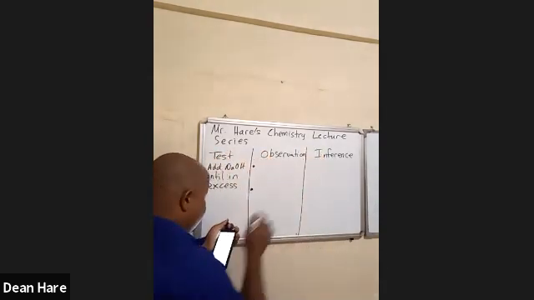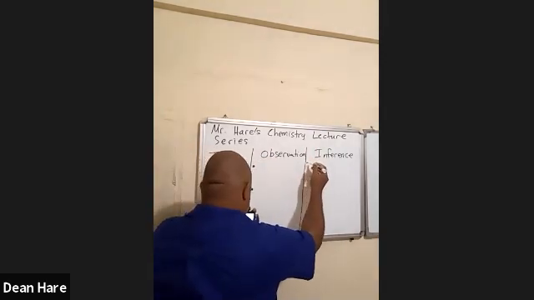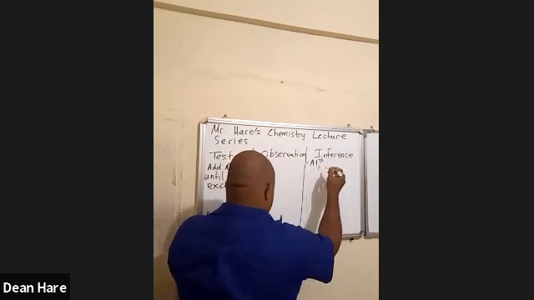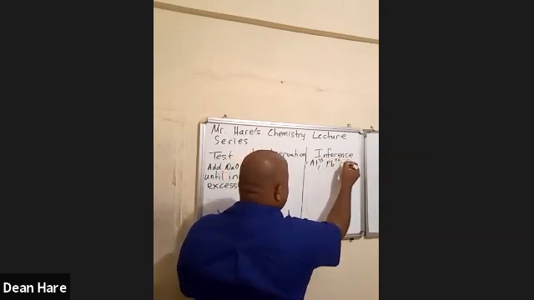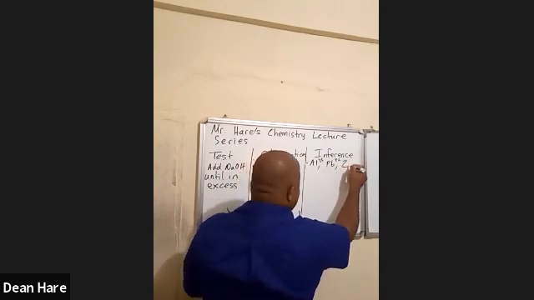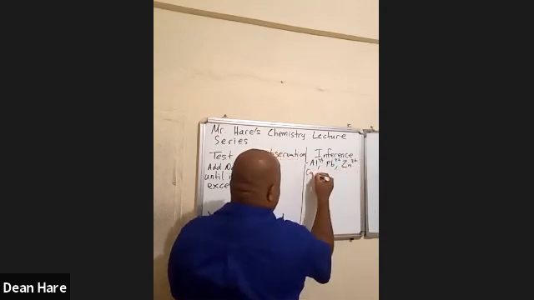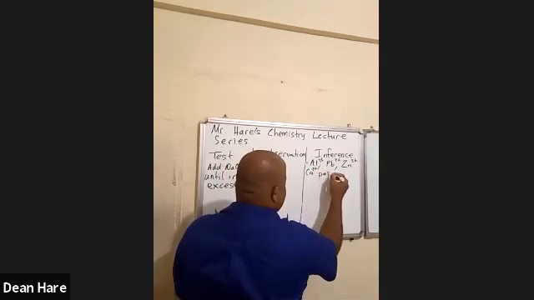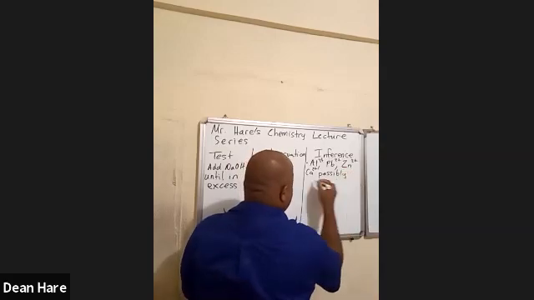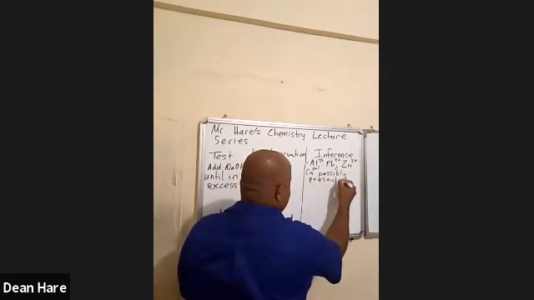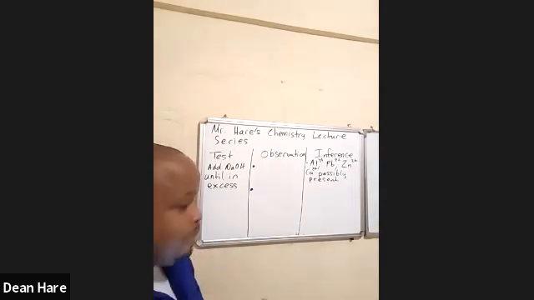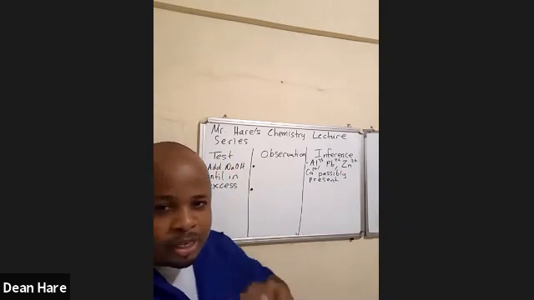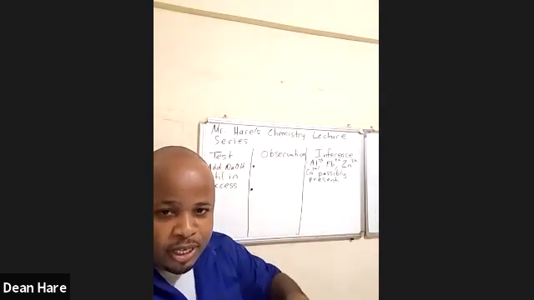So the first inference is aluminum Al3 plus, Pb2 plus, Zn2 plus, and Ca2 plus possibly present. So remember now, we just did this, right? We always add sodium hydroxide dropwise, then in excess.